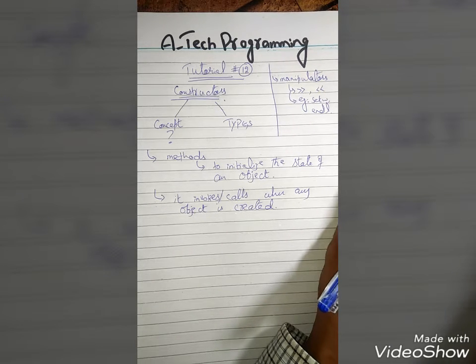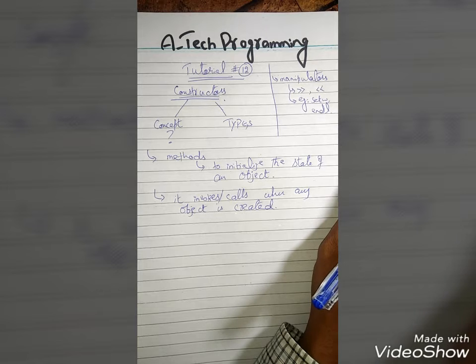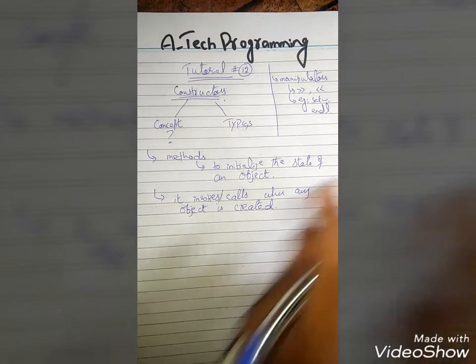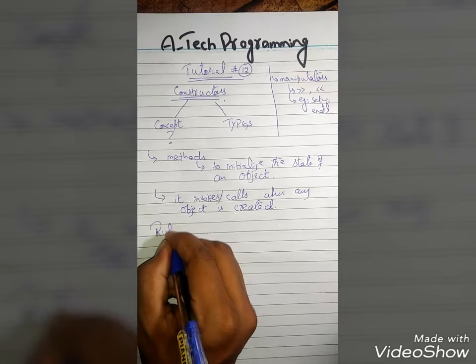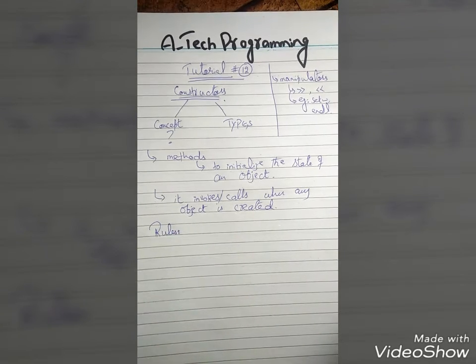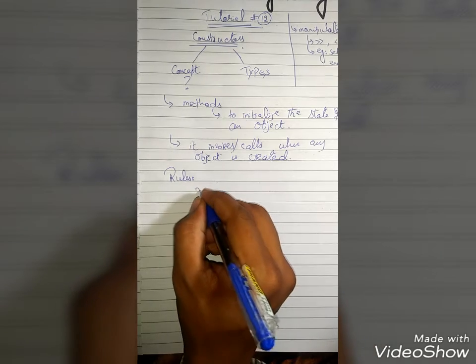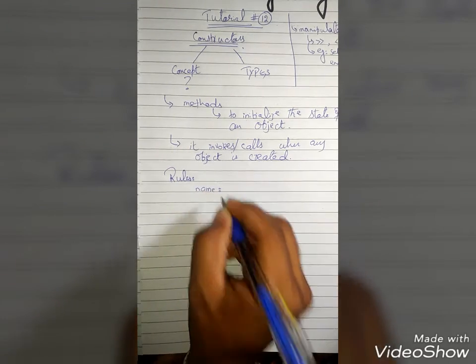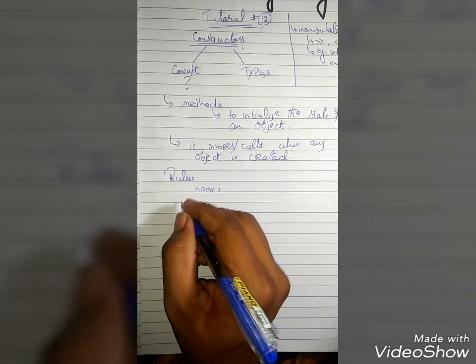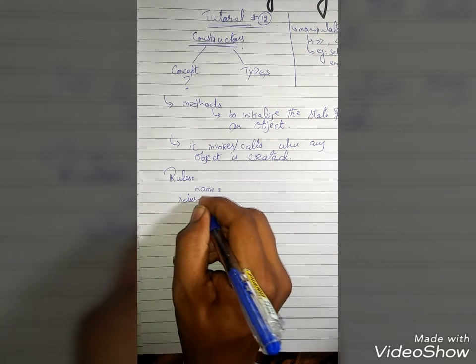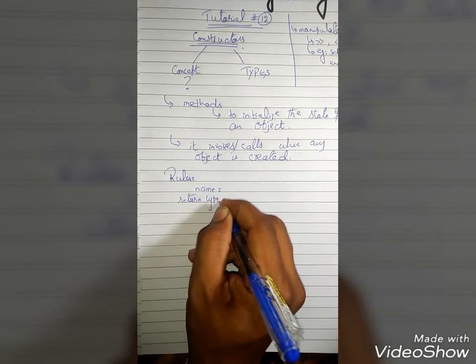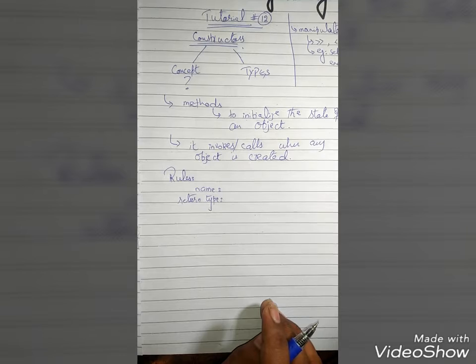There are some rules to define a constructor. Definitely everything has some programming rules, a proper syntax. So what are the rules of the constructor? The first rule is about the name of the constructor, and the second is about the return type of the function.